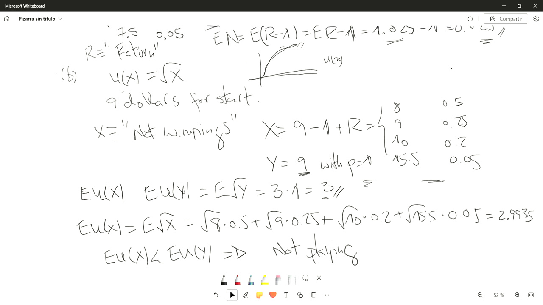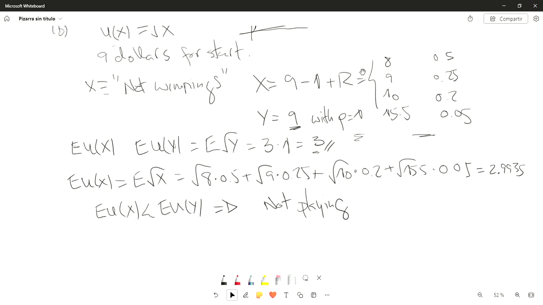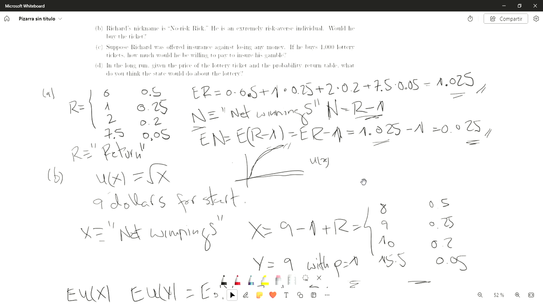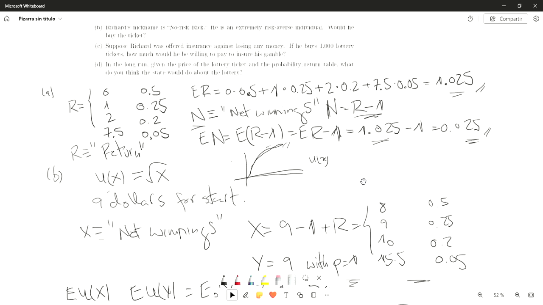Now let's see the next part. Let's assume that Rick was offered an insurance against losing any money. If he buys 100 tickets, how much would he be willing to pay to insure his gamble?